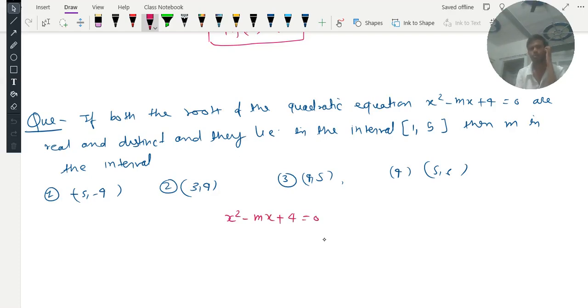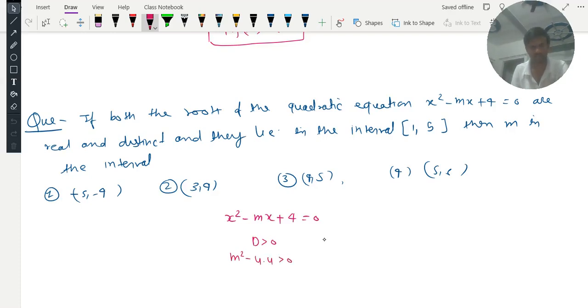The roots are real and distinct, so we can apply D greater than 0 because this is given. What is the value of D? b square minus 4ac means m square minus 4 into 4 is greater than 0.